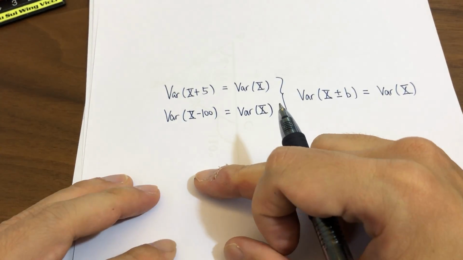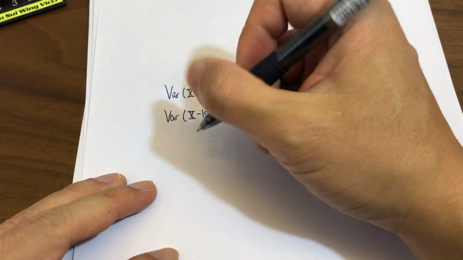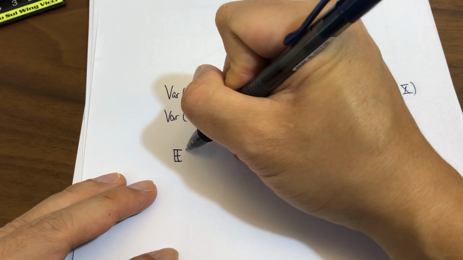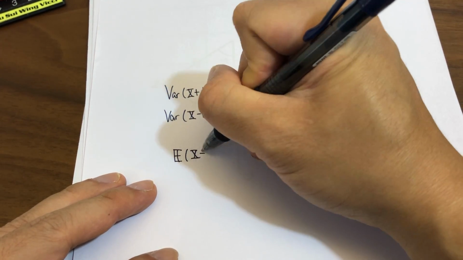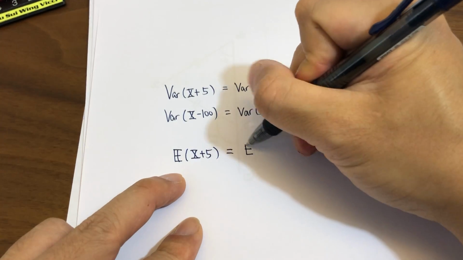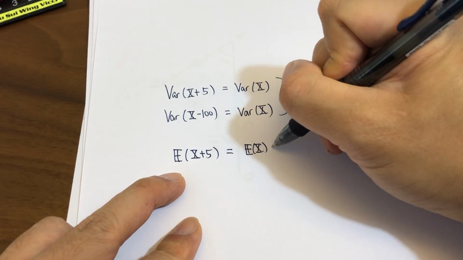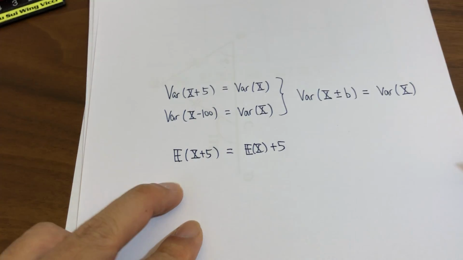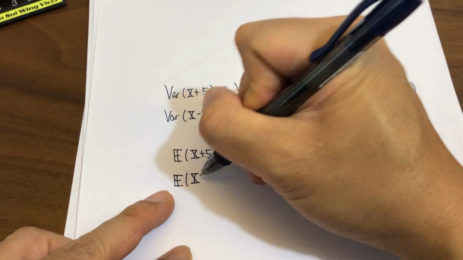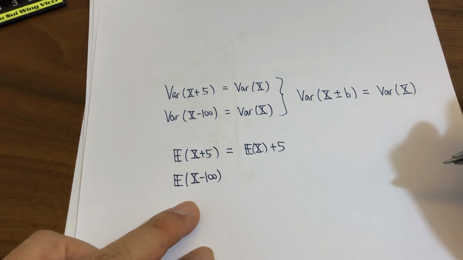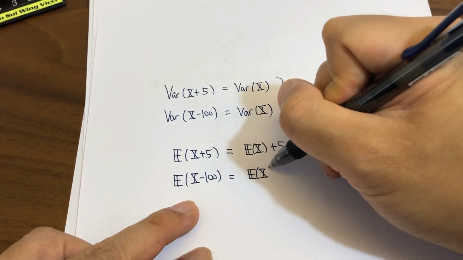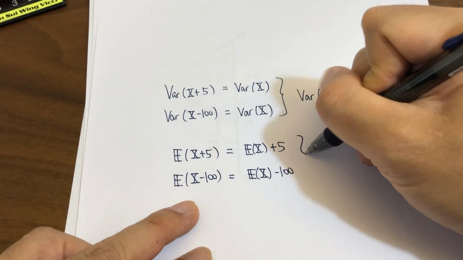And then the second observation is that when we have the expected value of x plus 5, the result is just equal to the expected value of x plus 5. And likewise, the expected value of x minus 100 is just equal to the expected value of x minus 100.